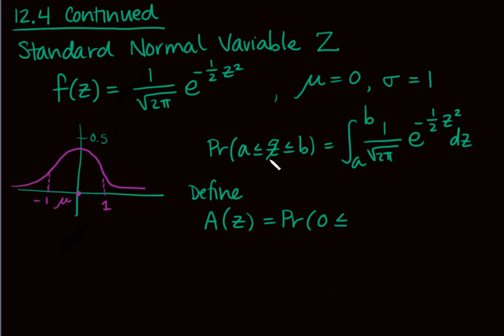Oh, this should have been a capital Z up here, sorry. So if I want the probability that I select something between 0 and 4, then little z would be 4.